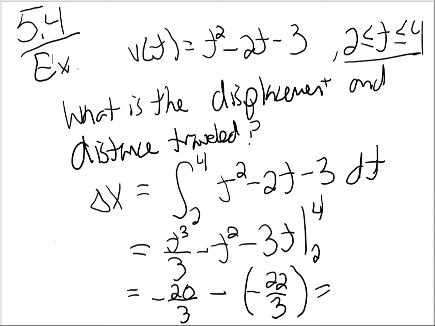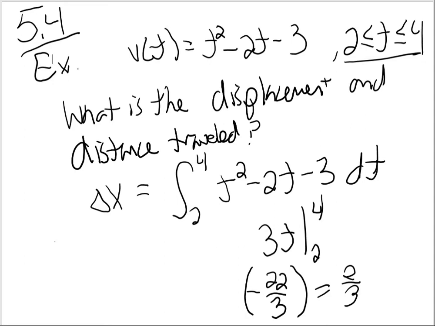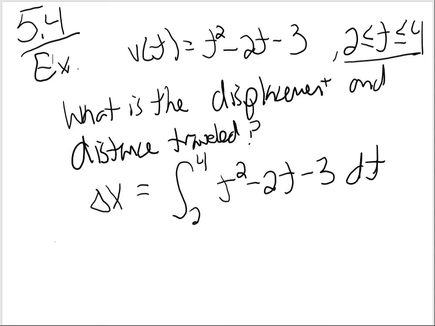So what are you left with? Well, the displacement, the delta x, in this case will be 2/3. And you can check my math just by evaluating that. Okay. So the displacement is 2/3.